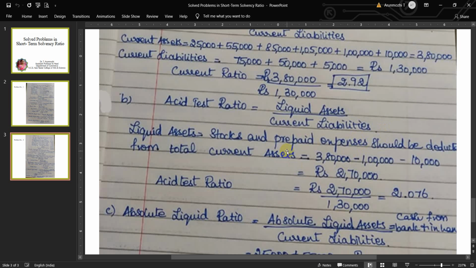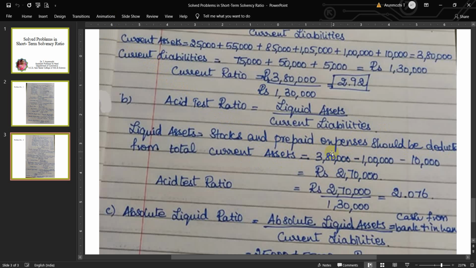Now we move on to acid test ratio, which is equal to liquid assets divided by current liabilities. Liquid assets: stock and prepaid expenses should be deducted from total current assets. When stock and prepaid expenses are removed from current assets, it is termed as liquid assets.